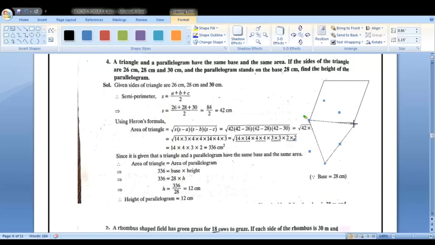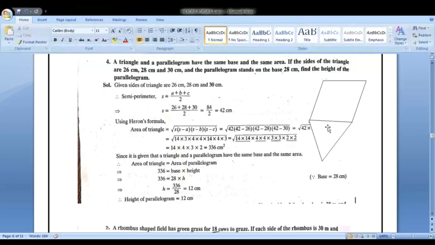There could be n number of ways to show that they share the same base. The first diagram was also correct, and this one too. You just have to interpret your question into the figure. I'm sorry, it is not fitting here. Sharing the same base, there could be two possible diagrams.